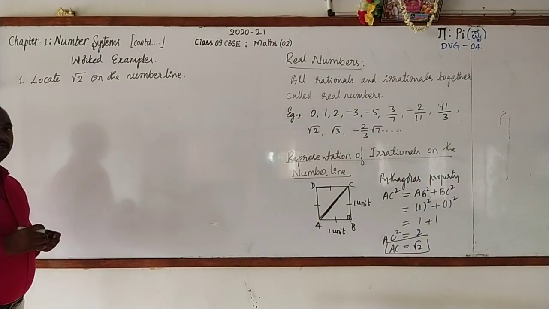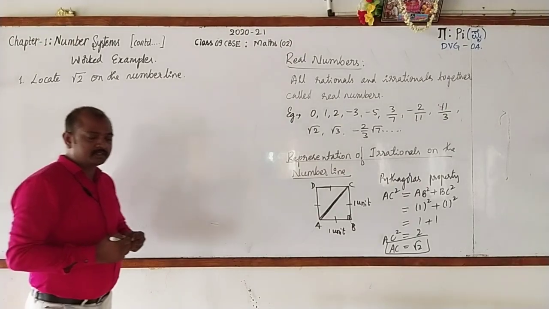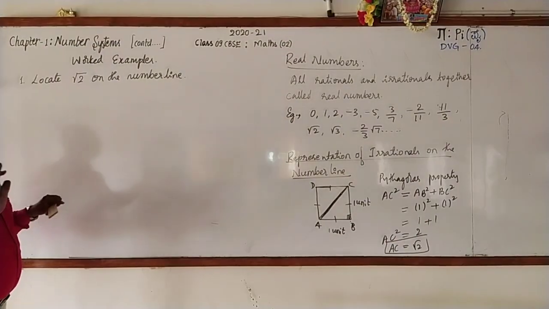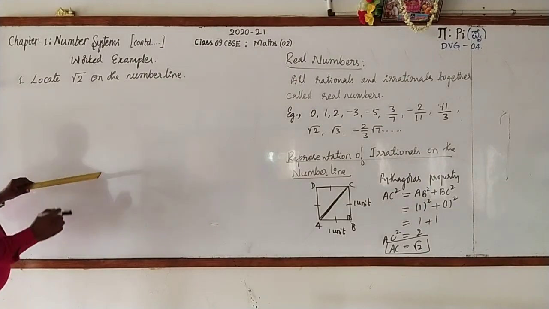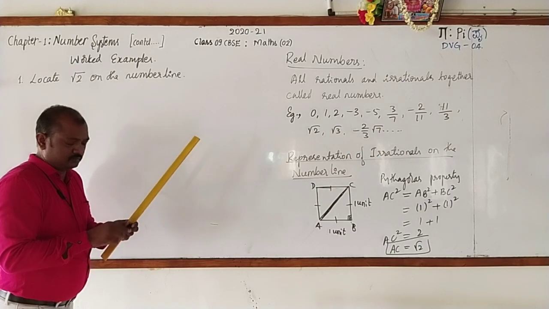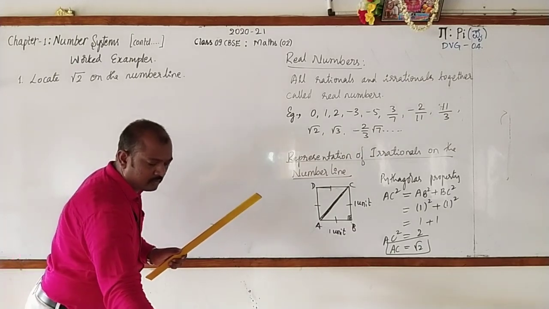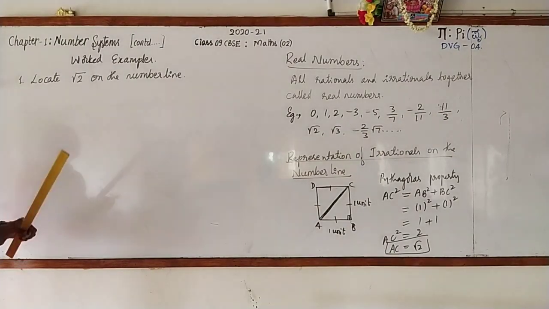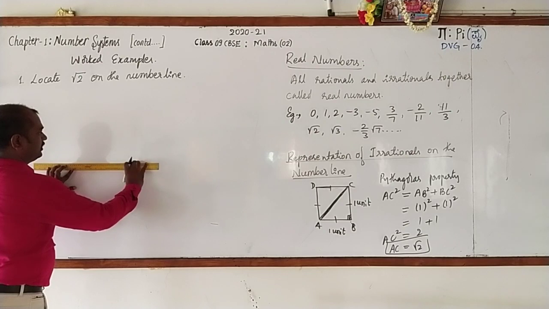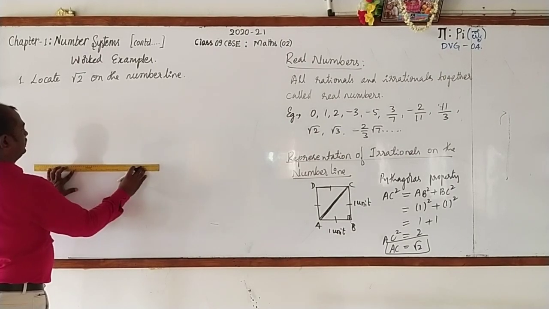Then ask it geometrically or just this much only, number line. Now please observe this method and don't write this. First, we have to draw a line, and you will take a scale and draw a line.